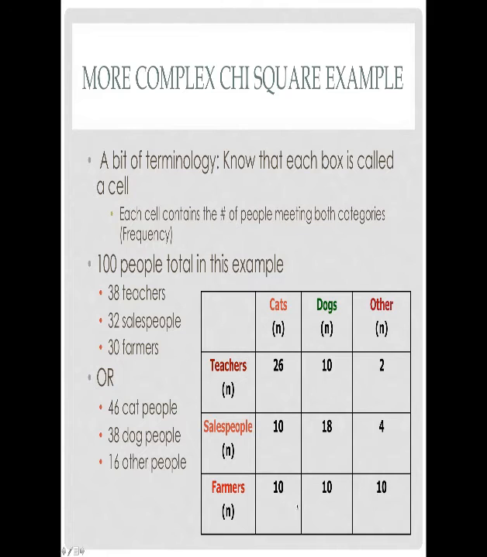So this is how you read the table. Now, if we were to ask how many people out of the whole group like cats, you would add them up this way: 26 plus 10, 36, 46. So 46 out of 100 are the cat lovers. Likewise, 48 would be the dog lovers, and 16 out of 100 would like other pets.